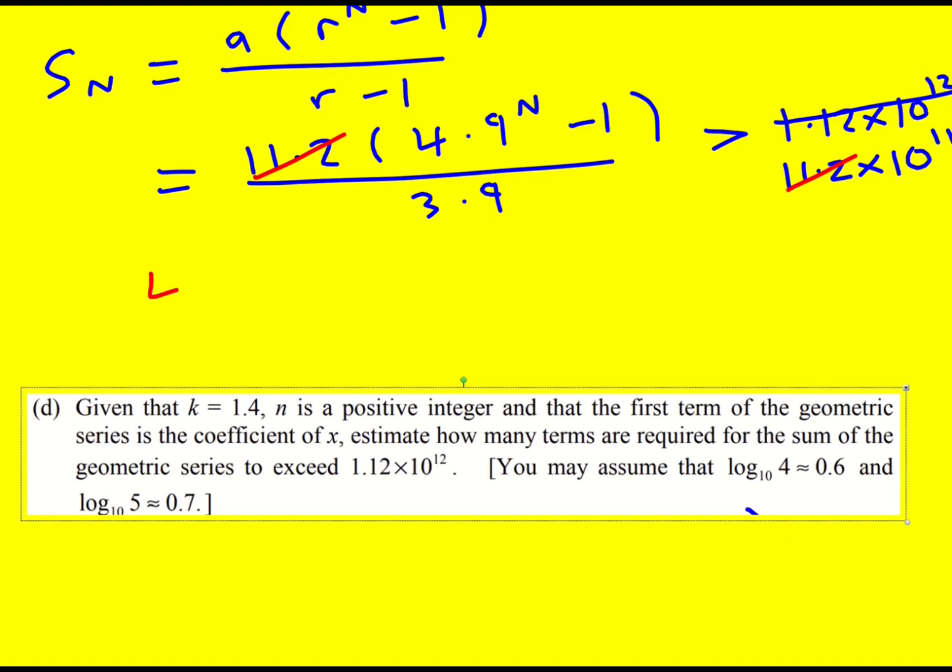And that leaves me with 4.9 to the n minus 1 is greater than 3.9 times 10 to the 11.